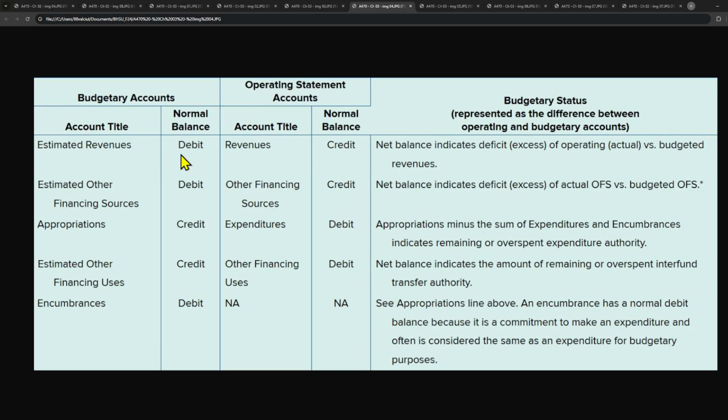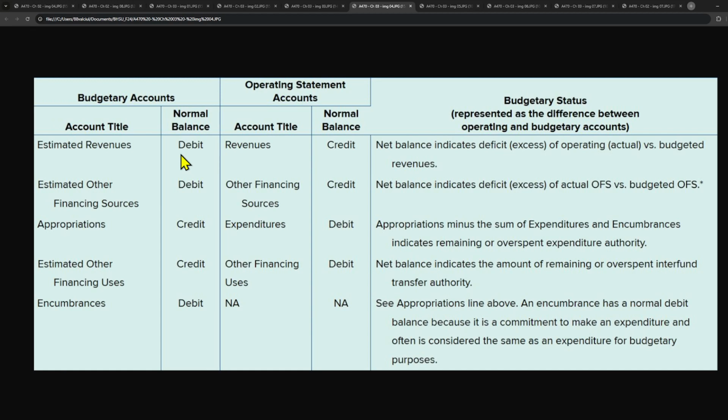And what we're trying to say is, if we have a budgetary account where we're trying to say, did we reach our estimated revenues? Well, we're going to enter the estimated revenues as a total number. Let's say we want to have revenues of $1 million, and then on the credit side, we're going to start entering revenues as we receive them over the year.